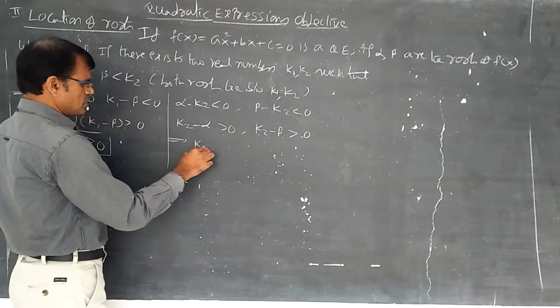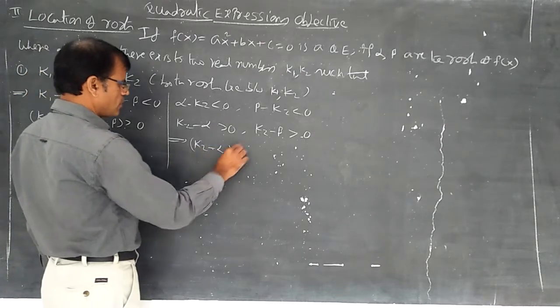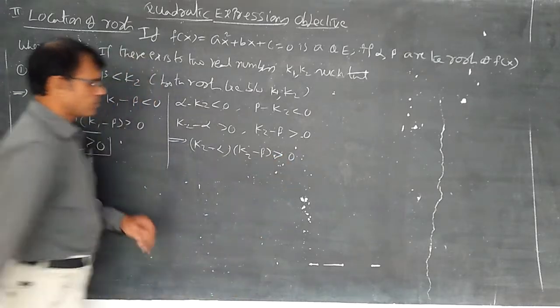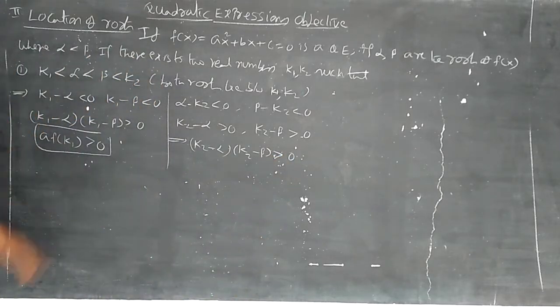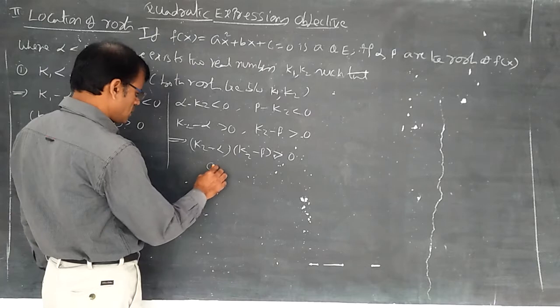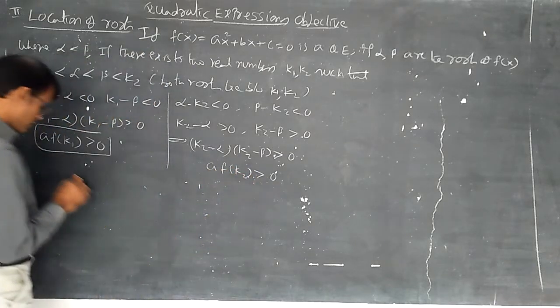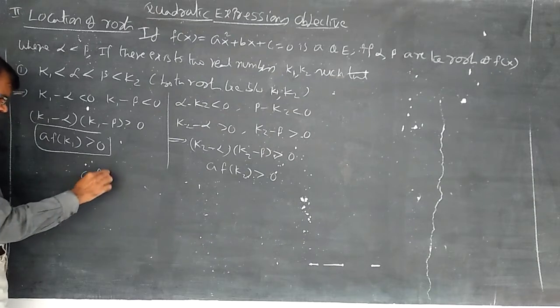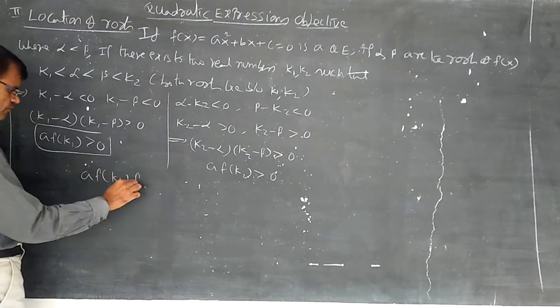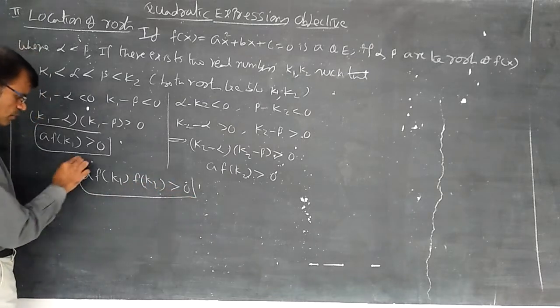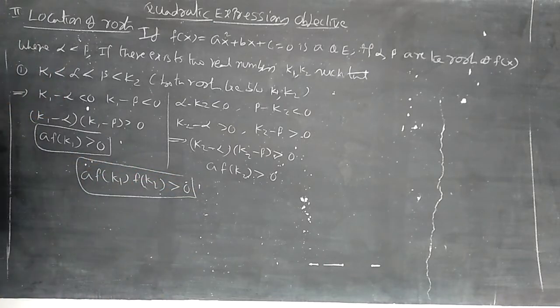That implies k2 minus alpha into k2 minus beta greater than 0, plus into plus. You can write a into f of k2 greater than 0. Therefore, we can conclude that a into f of k1 into f of k2 greater than 0. This is a property.